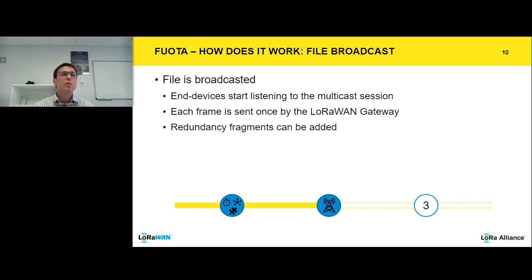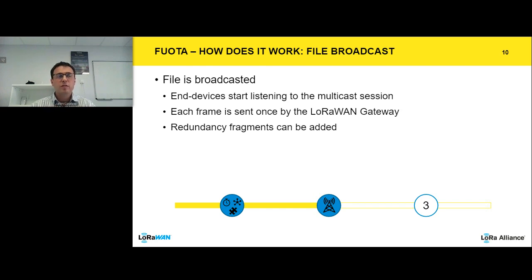Finally, when the broadcast of the file is finished, some redundancy fragments can be configured to be sent. Those redundancy fragments are part of the forward error correction algorithm, and they are meant for each device to be able to reconstruct any missing packets.